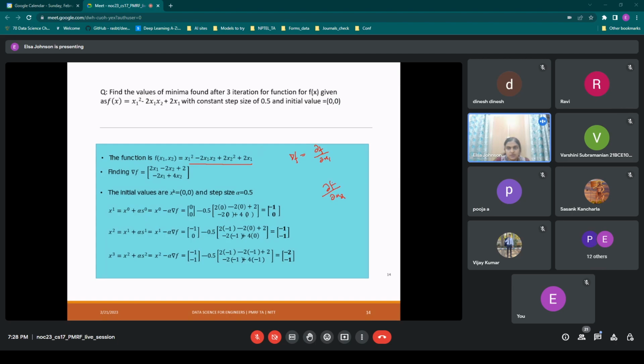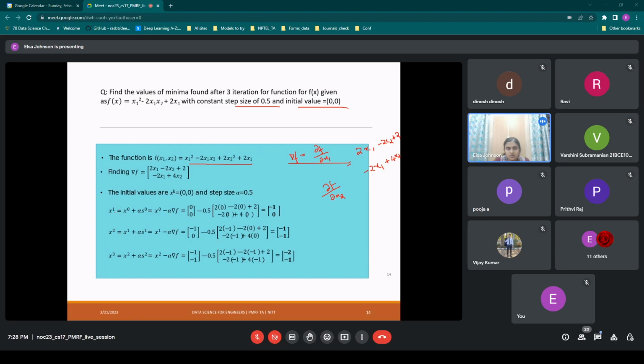So you'll get 2x1 minus 2x2 plus 2, and minus 2x1 plus 4x2, right? The initial values start at 0, 0, and the step size is already given there, and the initial value is also given.